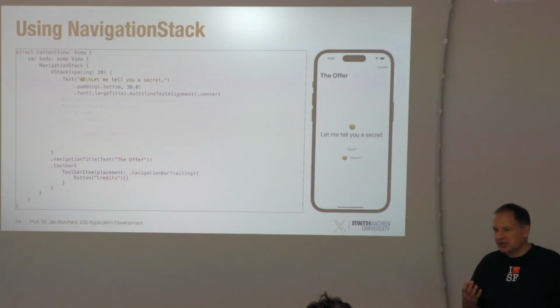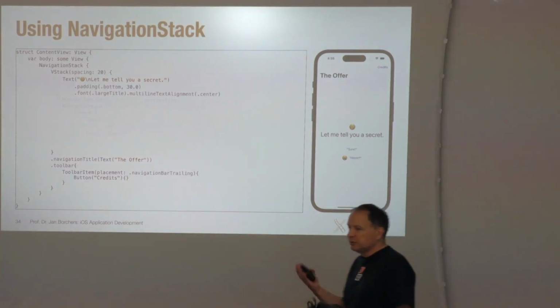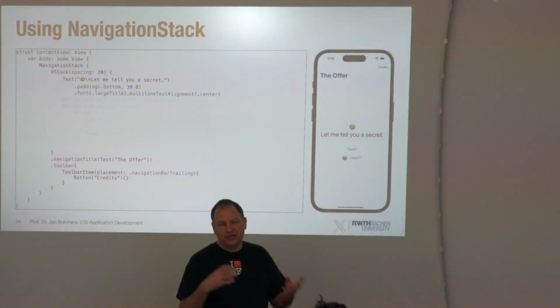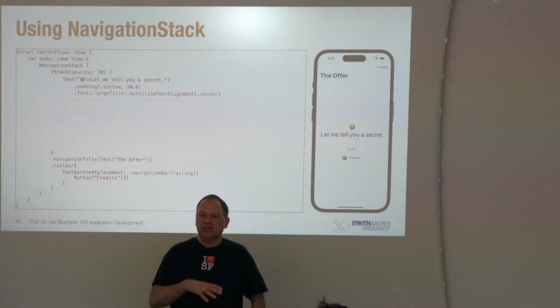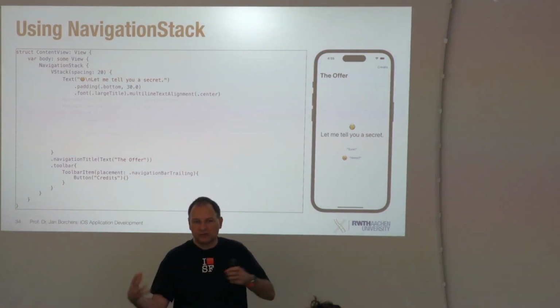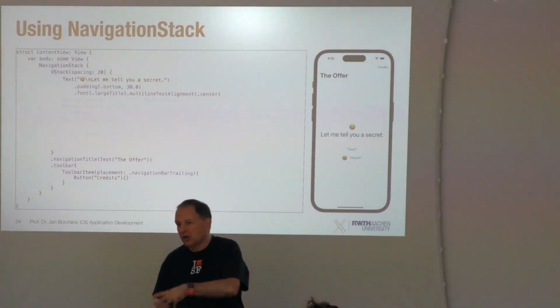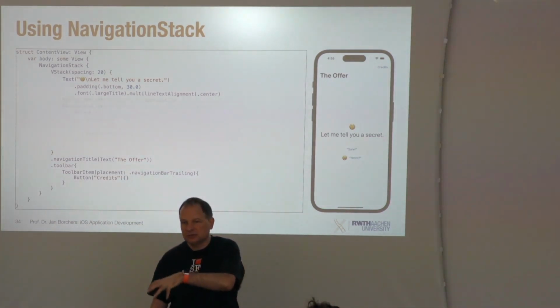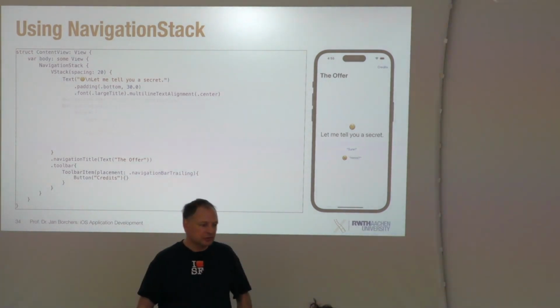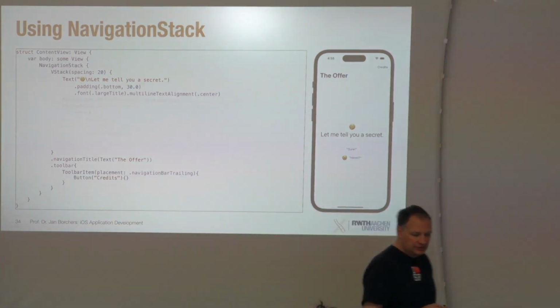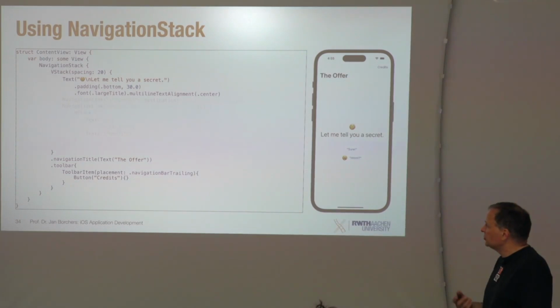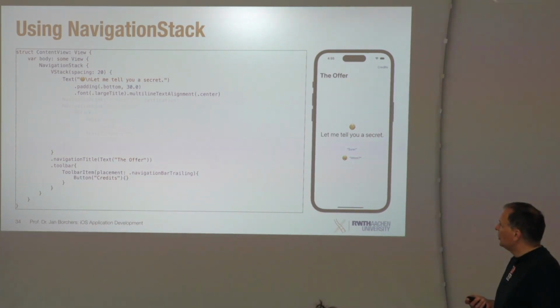But the simple use cases are pretty much the same. The replacement of navigation view by navigation stack is mostly because it also supports some more powerful jumping across in like navigation history, popping all the way out from a deep drill down view to, let's say, the home screen of an app or something like this. So here's how you use navigation stack, which used to be called navigation view.